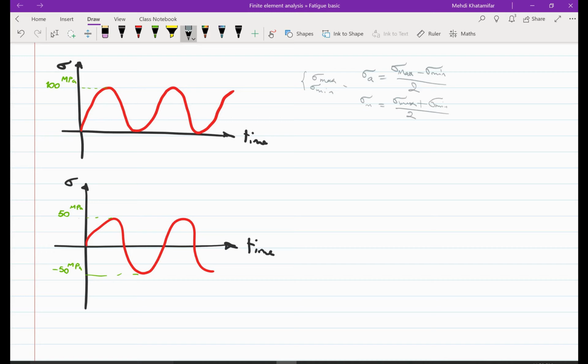And again, using those two, we can find our safety factor, which is going to be n.